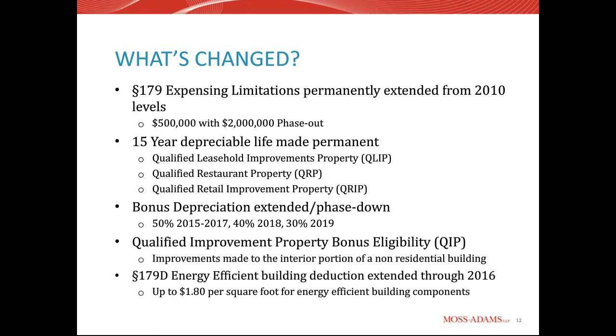What this does is allow taxpayers to claim up to $1.80 a square foot for energy efficient building components added to buildings, either new construction or improvements. It's allocated between the HVAC system, the envelope, and the lighting system. Each of those systems equates to 60 cents a square foot. You can qualify for the total $1.80 a square foot for the entire building, or you can break it down into components.